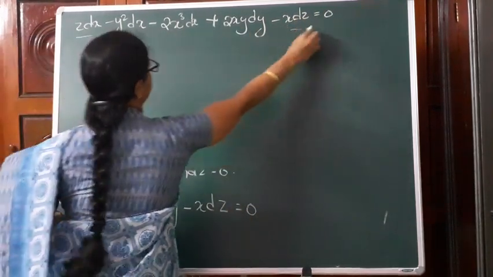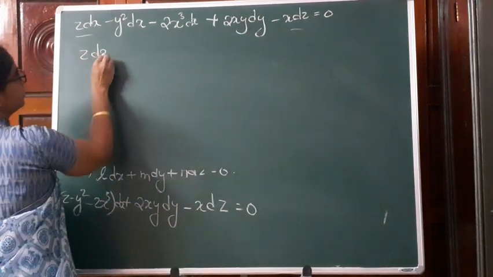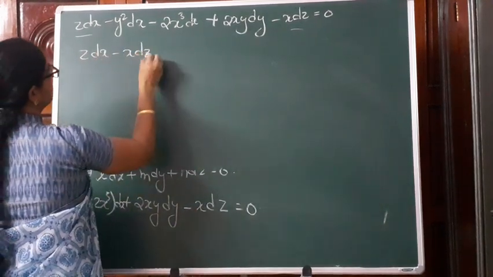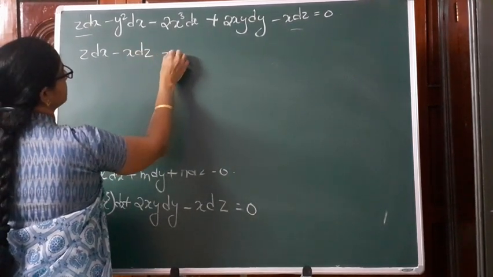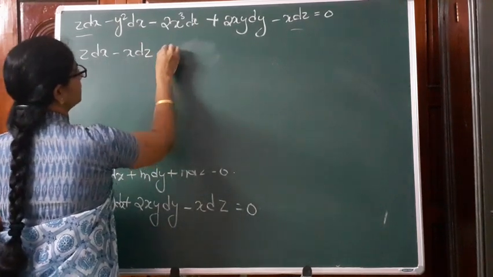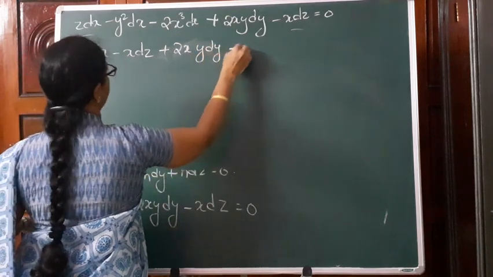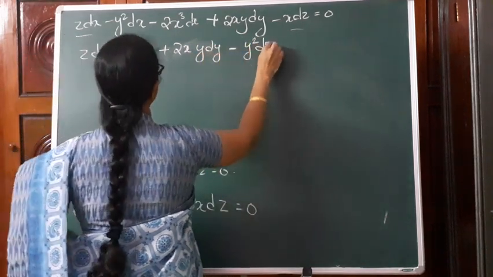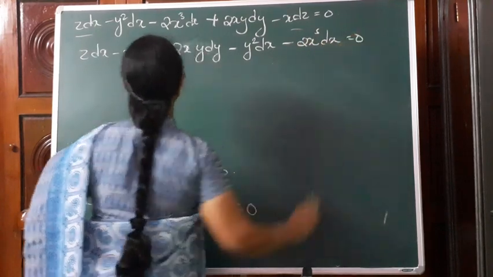So first we write this as z dx minus x dz, and we have plus 2xy dy minus y square dx minus 2x cube dx is equal to 0.